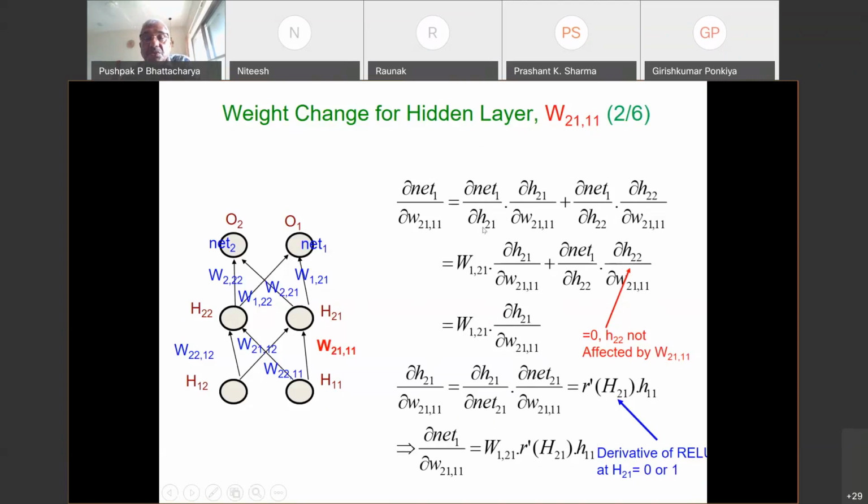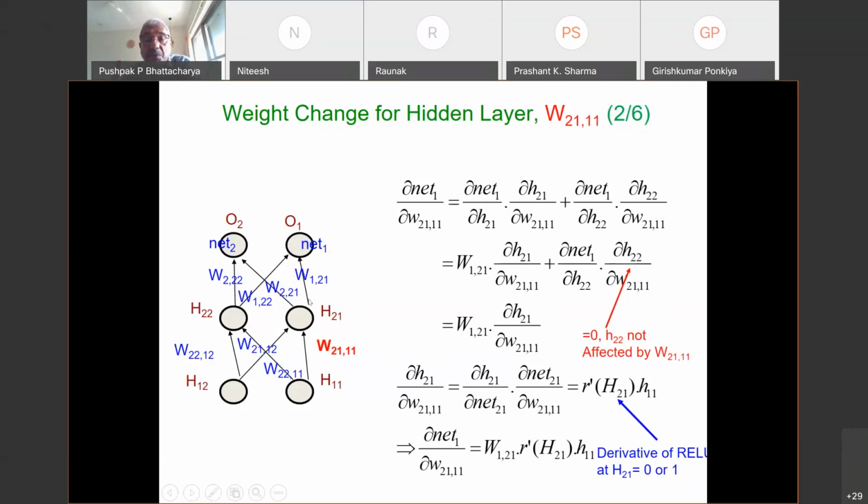So delta net 1 delta H21 is this net input derived with respect to the output of the hidden layer neuron. So this will give me the weight value here, only the weight value, because the net is a weighted sum of the inputs. So delta net 1 delta H21 will be nothing but this weight.